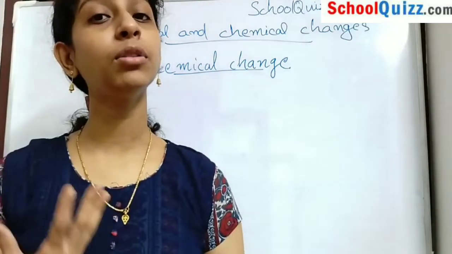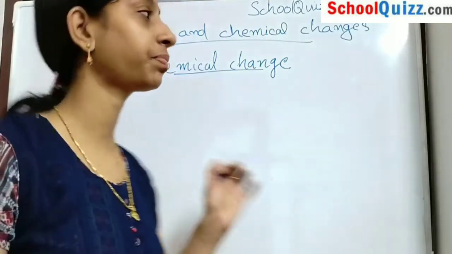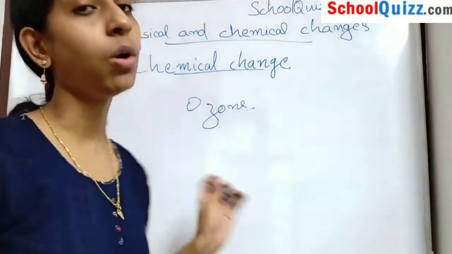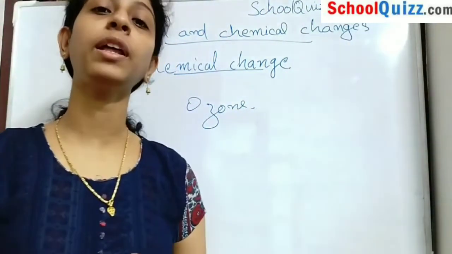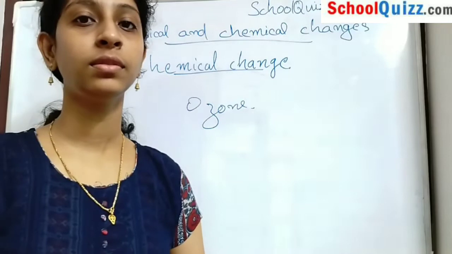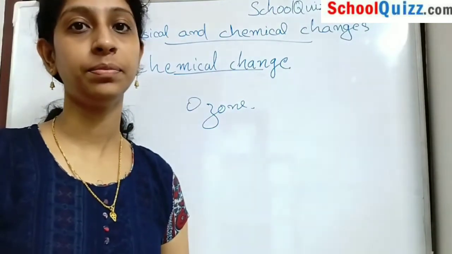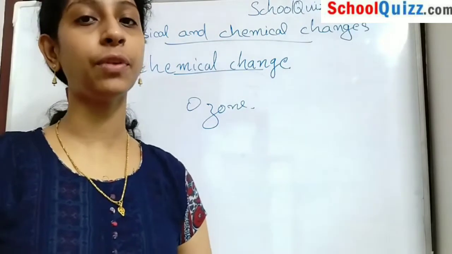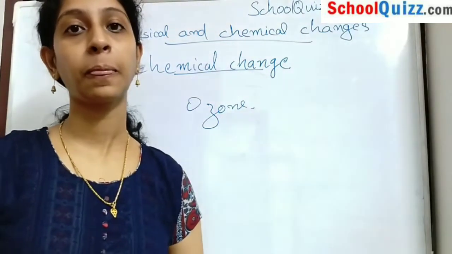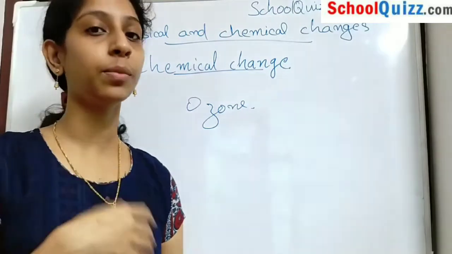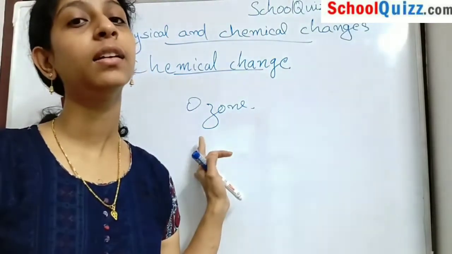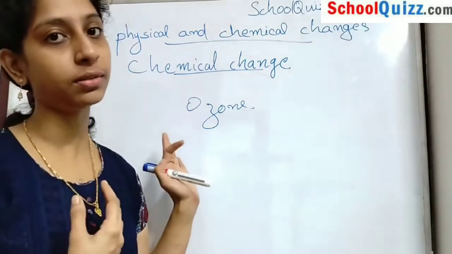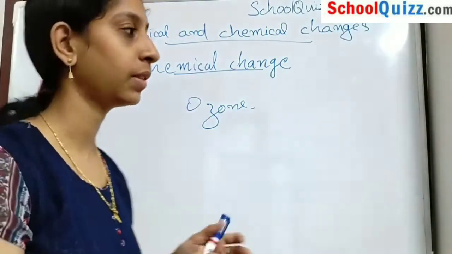Have you heard about ozone? Ozone is the natural protective shield of our Earth. It protects us from the radiation from the sun. The radiation is absorbed by the ozone, which splits into oxygen.